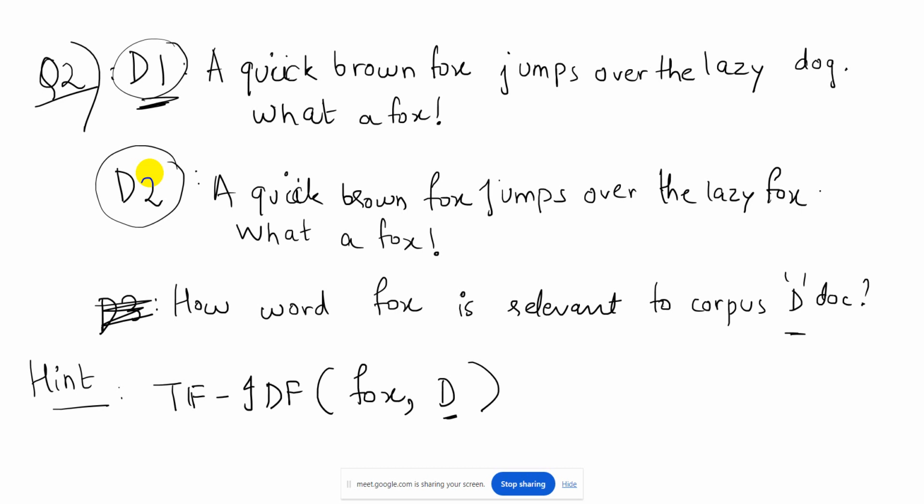Whenever it is given in the entire corpus, you have to calculate for all the documents separately. Please try solving. At least get the TF-IDF of fox in the first document. Similarly, do it in the second document.